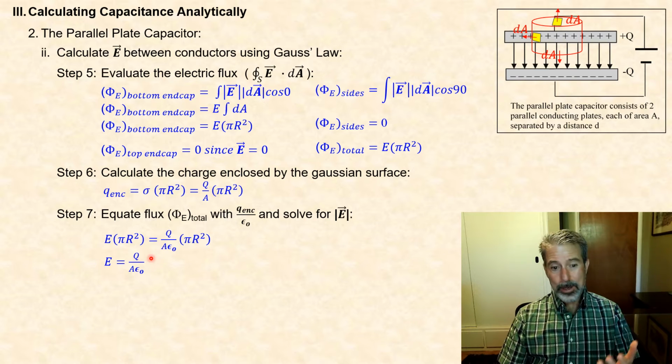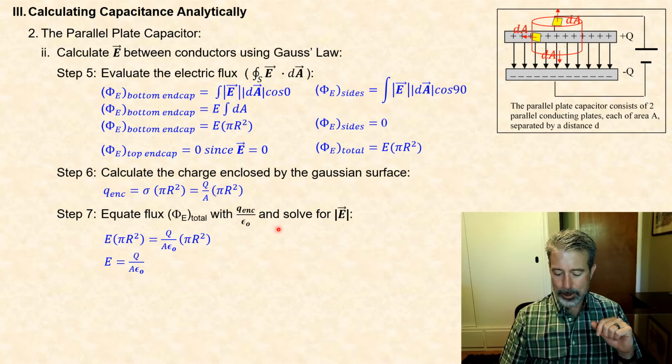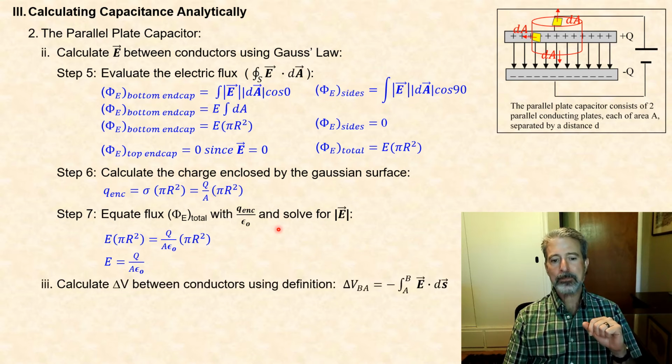Well, we pretty much just proved that here for this special case of two charged conductors. We're showing that the electric field for these conductors is given by this expression sigma over epsilon naught, as we would expect.